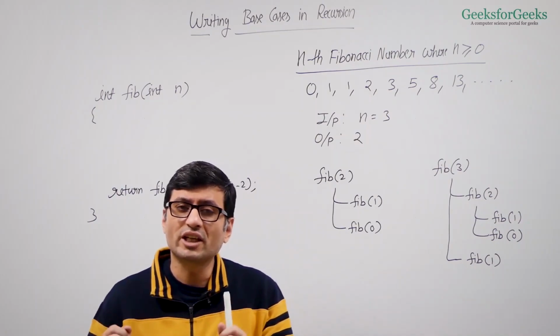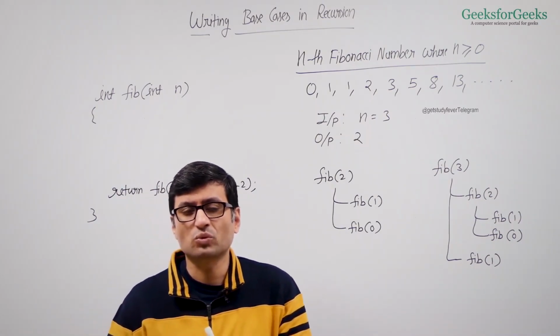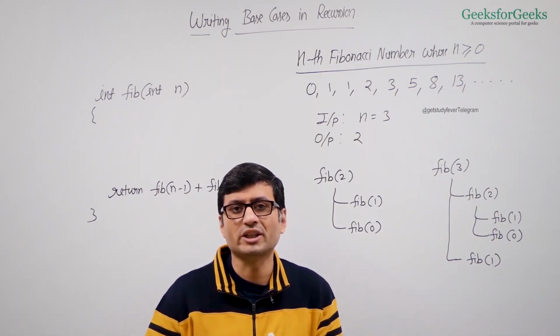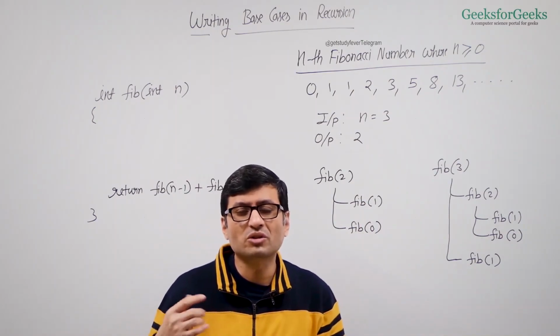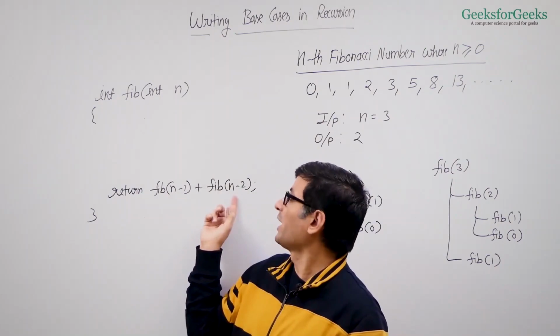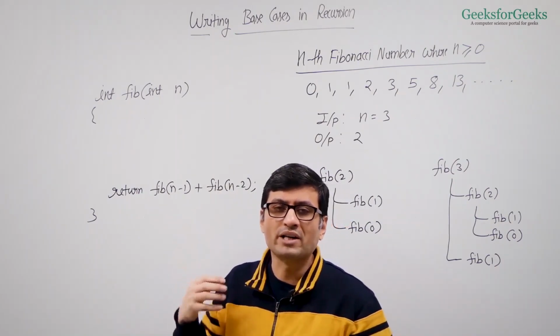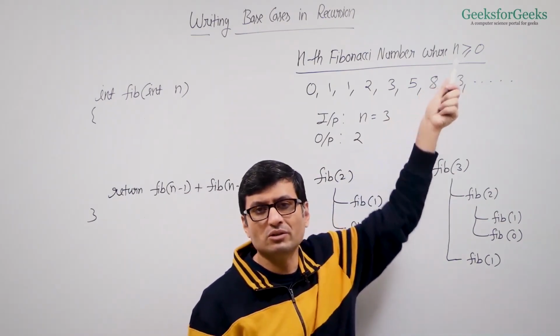The case is n equal to 1. If you simply write n equal to 0 as a base case, what will happen if somebody calls for n equal to 1 or these recursive calls for n equal to 1? 1 is going to make a recursive call for 0 and minus 1, right? And minus 1 is not a valid input. Our input is greater than or equal to 0.